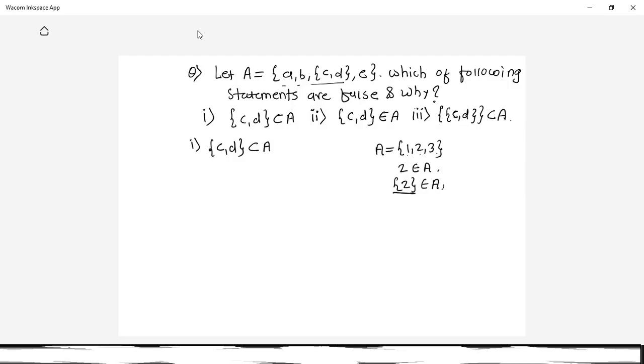So 2 is an element of set A, 1 is an element of set A, 3 is an element of set A. But a set with element 2 is not an element of set A. If you want this to be an element of set A, your set A should look like this: 1, 2, 3, and a set as one element which contains element 2. Then this statement would be true.